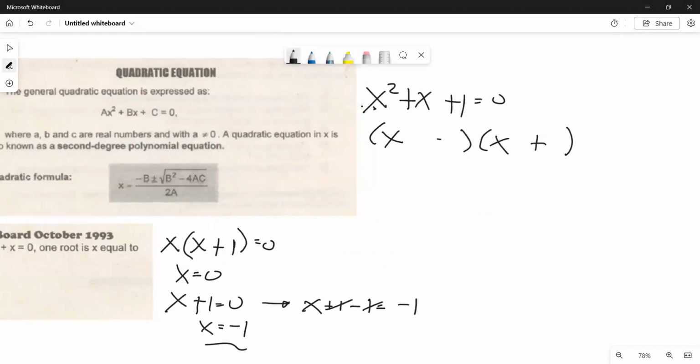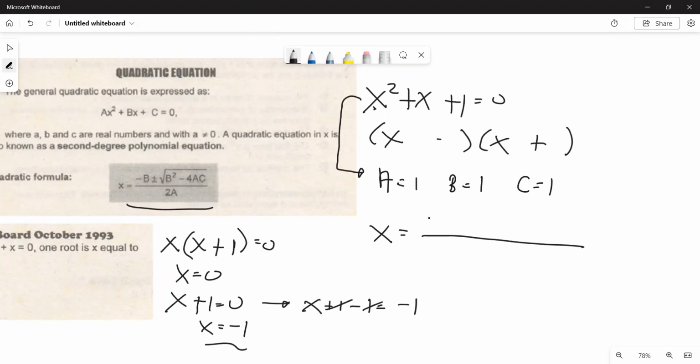Here, it's obvious that from this equation, A is equal to 1, B is also equal to 1, and C is also equal to 1. And then we can use this formula. So you have x equals minus B, substitute 1, plus or minus the square root of B squared, 1 squared is 1, minus 4AC, 1 and 1, all over 2A, which is also 2.